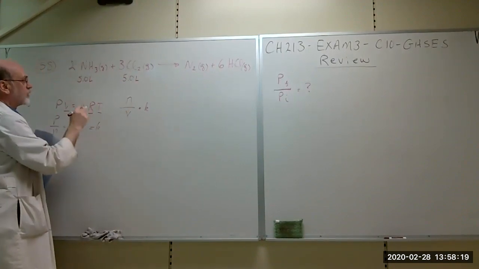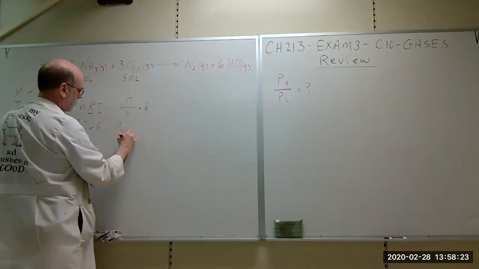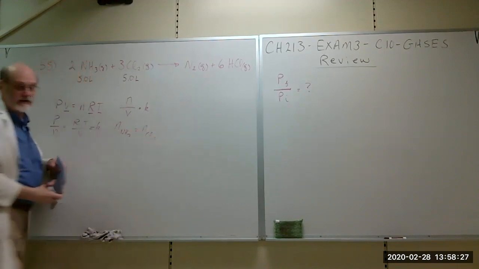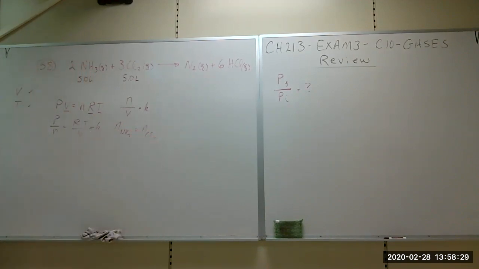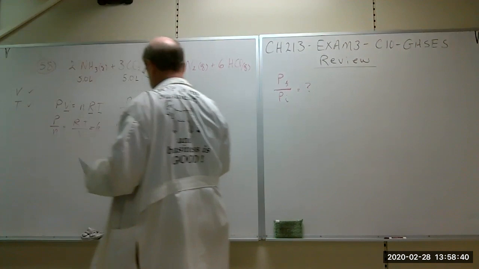So the number of moles of ammonia equals the number of moles of chlorine gas, because the volumes are equal. Okay, so what does that mean?